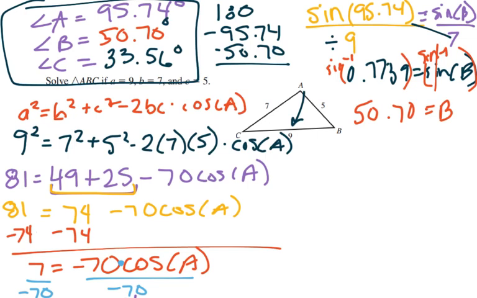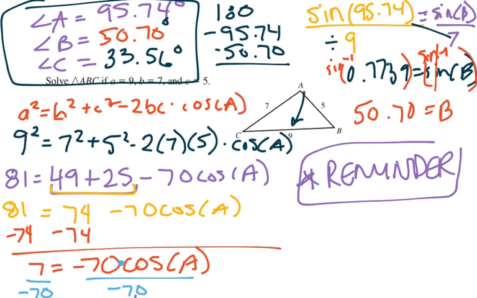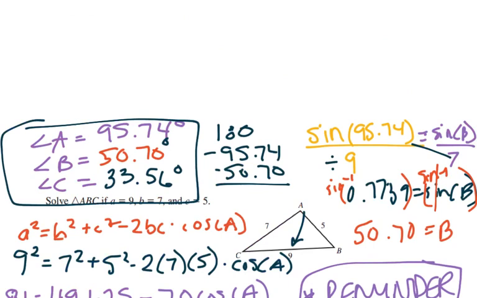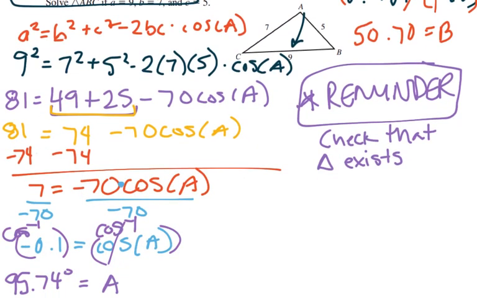Just a reminder, you always want to check that the triangle exists. Especially when we were given this triangle with just side lengths, because we may have just solved a triangle that doesn't exist.